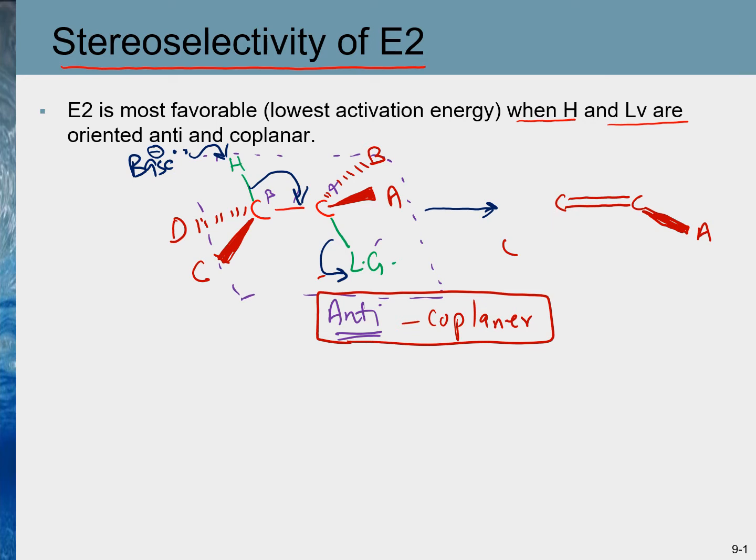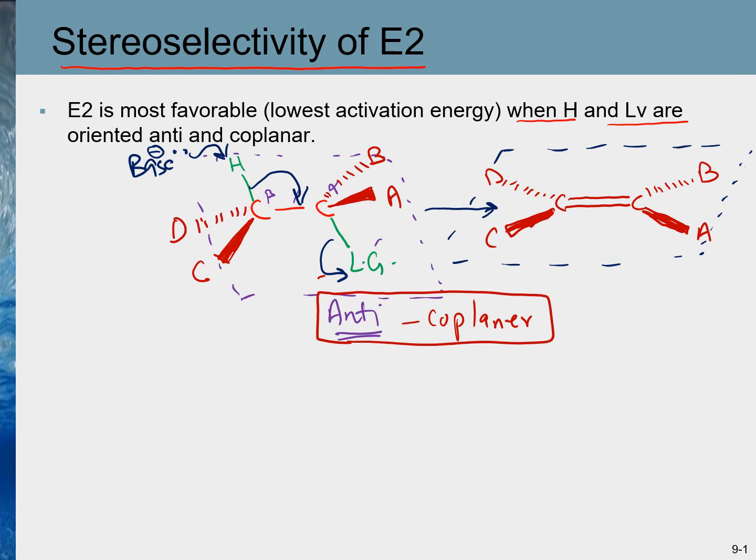At the same time, B will be away from the viewer, and D will also be away from the viewer. So this is the stereochemistry, and because it's an alkene, the whole molecule is a flat planar molecule, and this stereochemistry will decide whether the resulting alkene will be a cis alkene or a trans alkene, depending on what A, B, C, and D are.